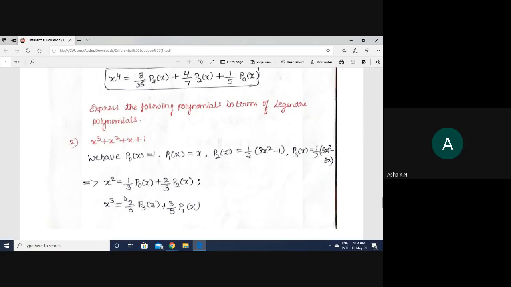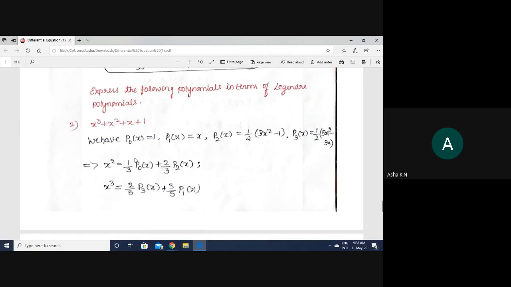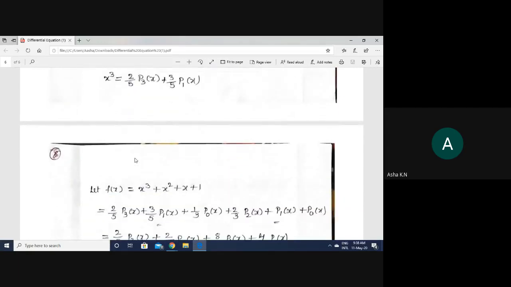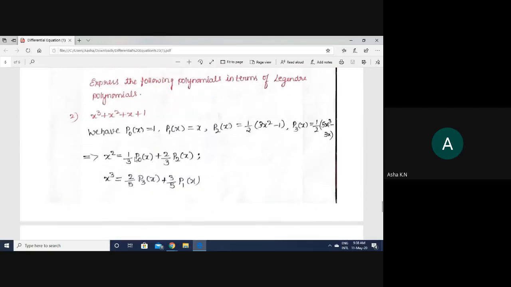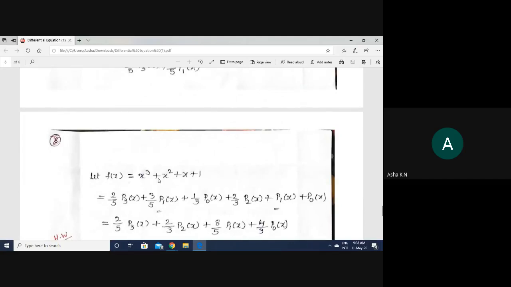And x is P1 of x, and the constant 1 is P0 of x. Substitute all these in the given polynomial, which we can take as f of x. There will be several terms containing P1 of x, P0 of x and so on. Simplify, add them, subtract them, and the final answer is this.